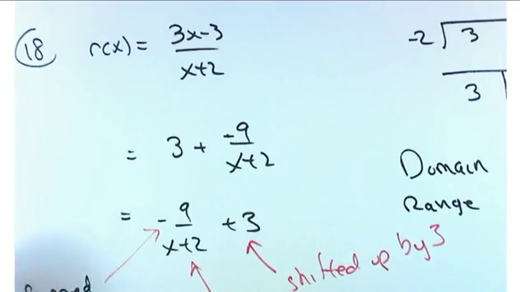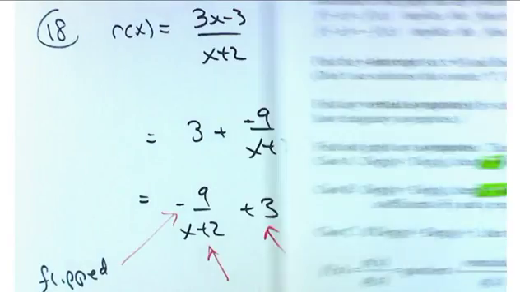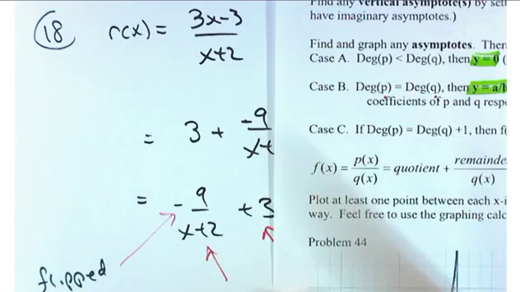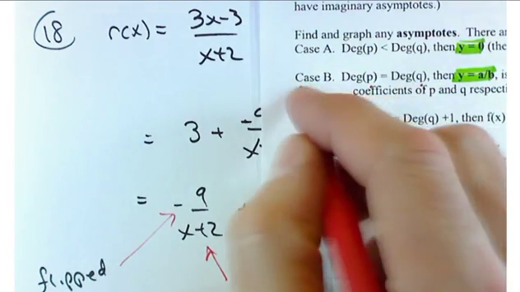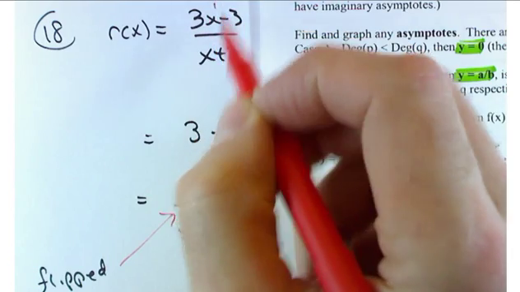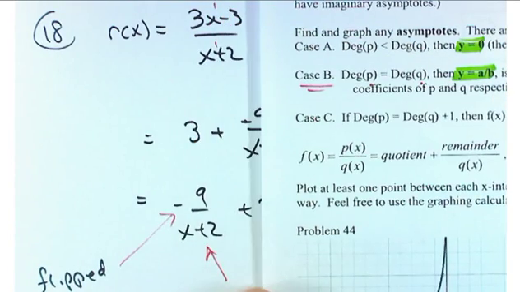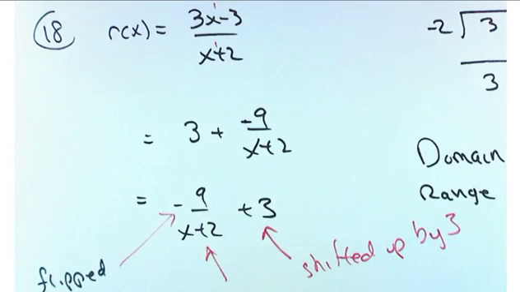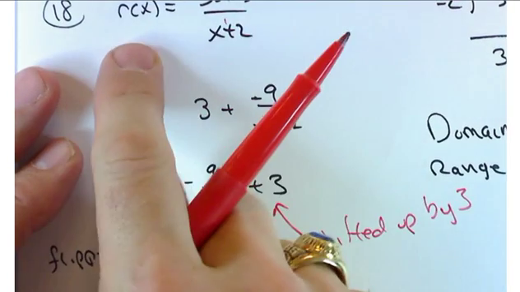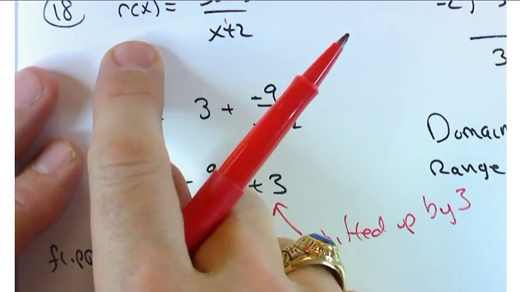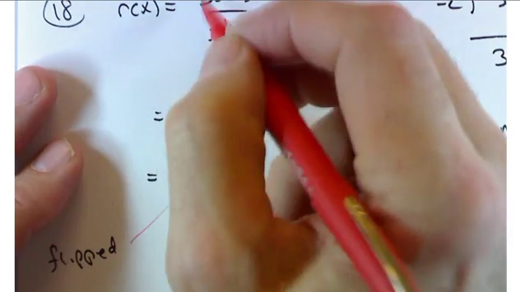Let's look back at our last problem. Which one of the cases here applies to problem number 18? Yeah, case B. The degree of the numerator equals the degree of the denominator. So let's see what other predictions that makes. It should tell me that the horizontal asymptote comes from the ratio of these leading coefficients.